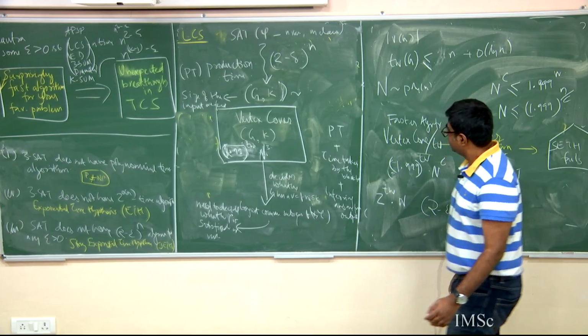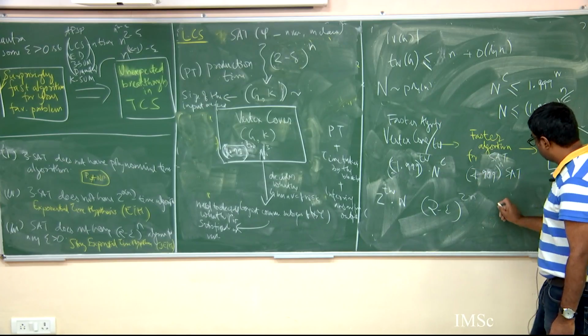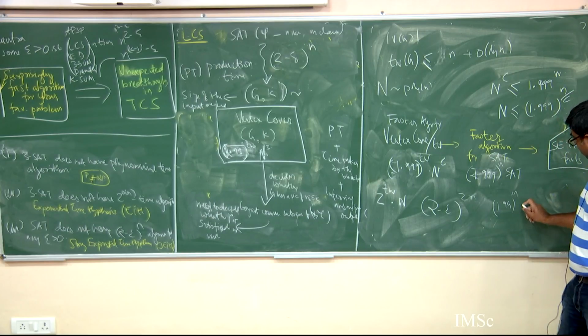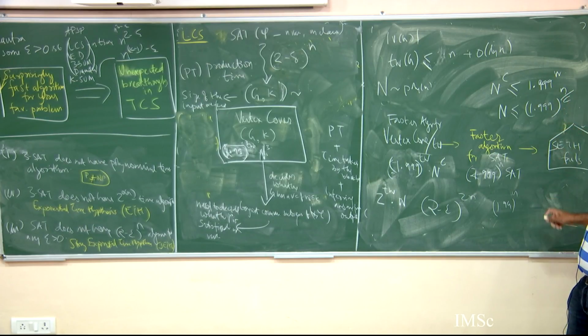So I cannot take 1.99 to the power n. Now if I say n by c, then what is this? 1.99 to the power n over c into c, right? So this is not allowed. And in fact, I cannot allow it to be any function of n. This size cannot be any exponential function of this.